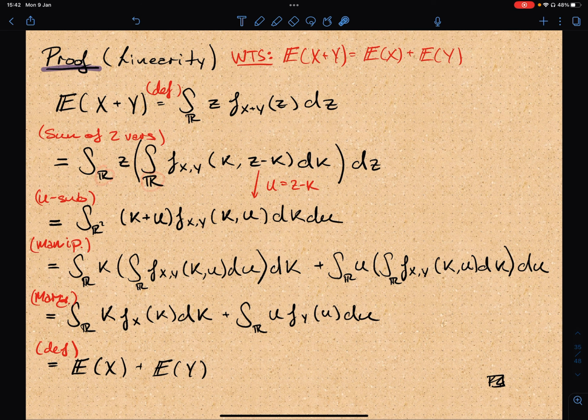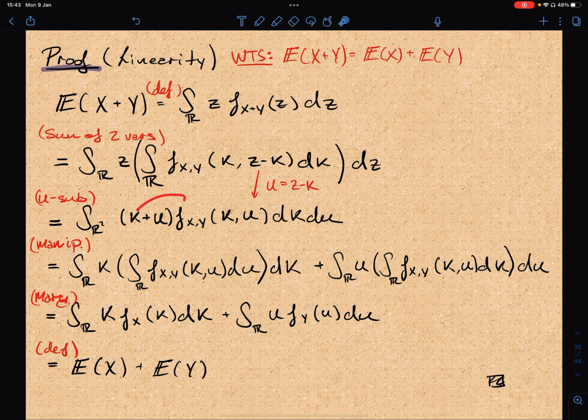So when I do this change of variables, the domain of integration is still R2, but I've changed this z into k plus u, and now I have this joint density function. So this is just u substitution.